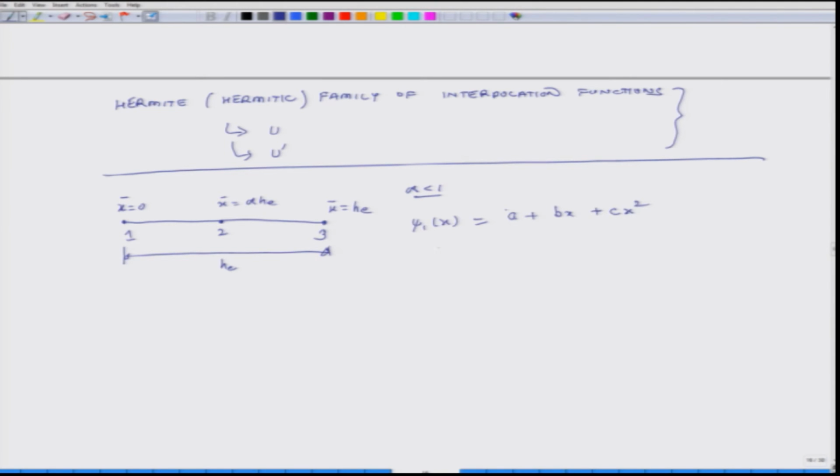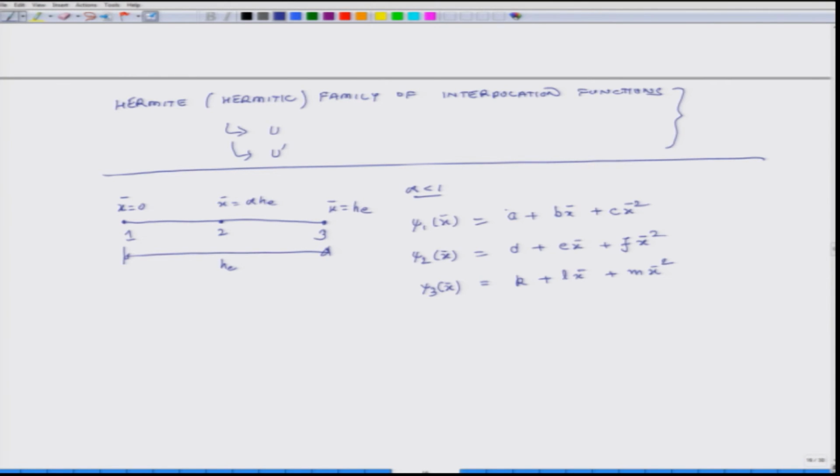This is the first approximation function. Psi 2 of x bar is equal to d plus e x bar plus f x bar square, and psi 3 of x bar equals k plus l x bar plus m x bar square.